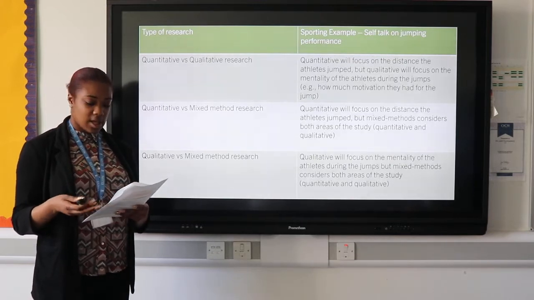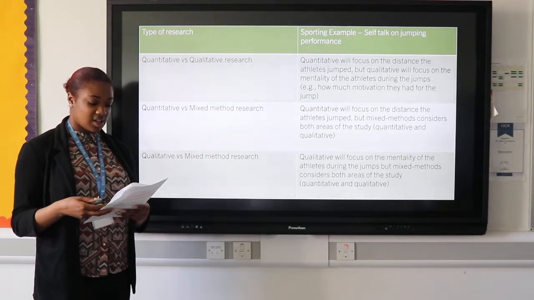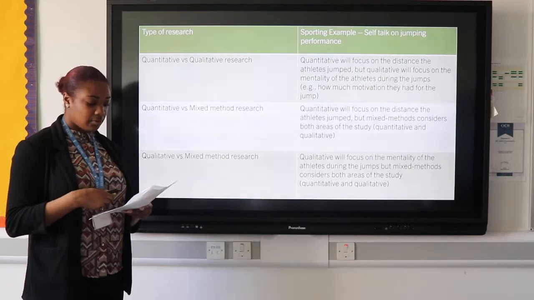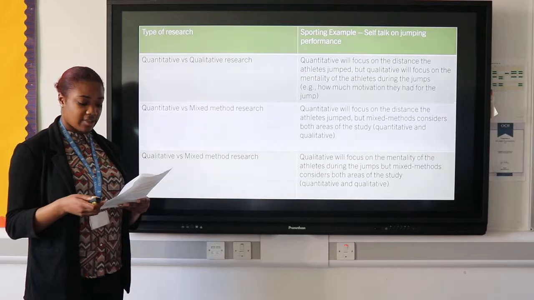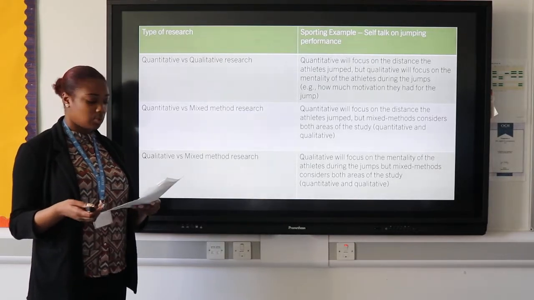However, if I used mixed methods, I would be considering both areas of the study, quantitative and qualitative. As I stated before, for the study, I chose quantitative because this method will allow me to compare the variables to establish a relationship between them.